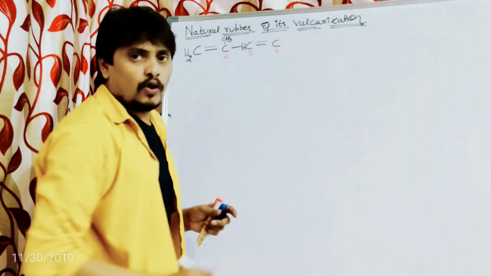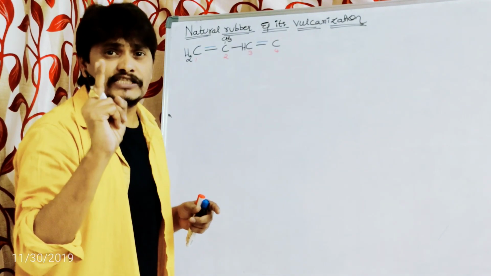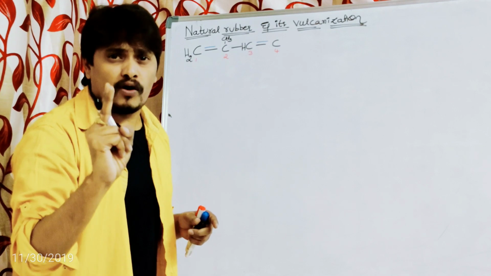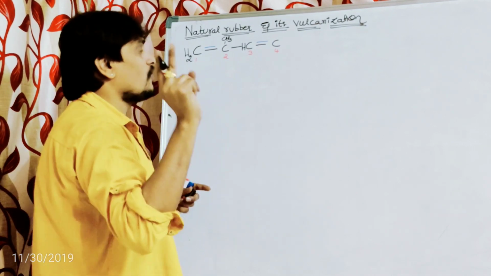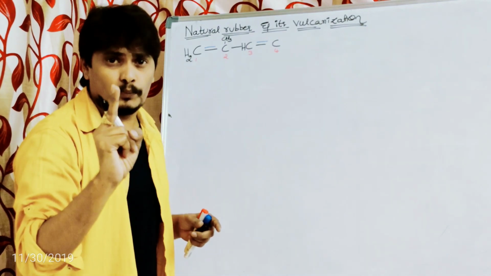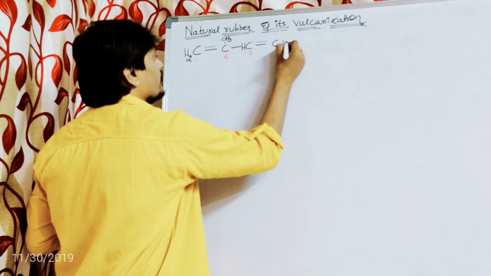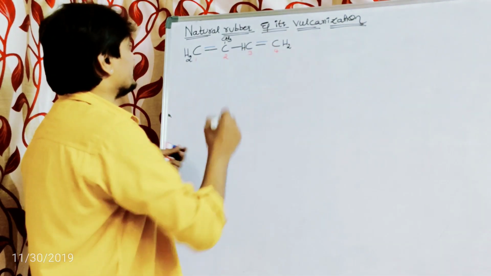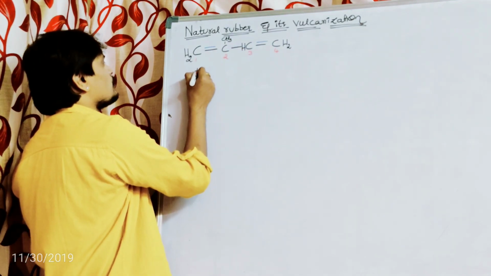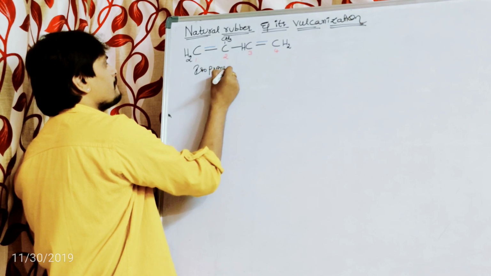Around the fourth carbon there are 2 bonds, so it is lacking 2 more bonds to satisfy the valency of 4, so we place 2 hydrogens. So this is the structure of isoprene.